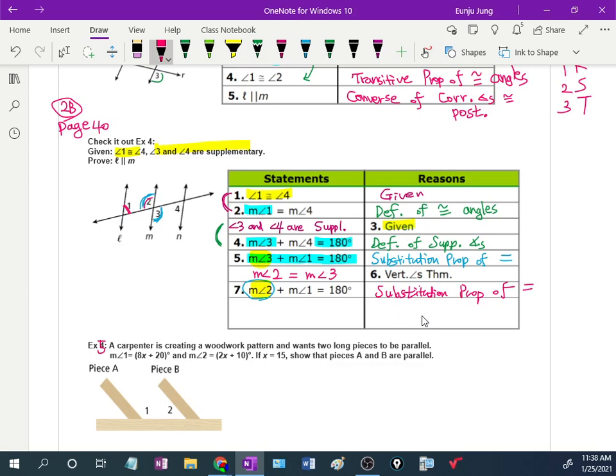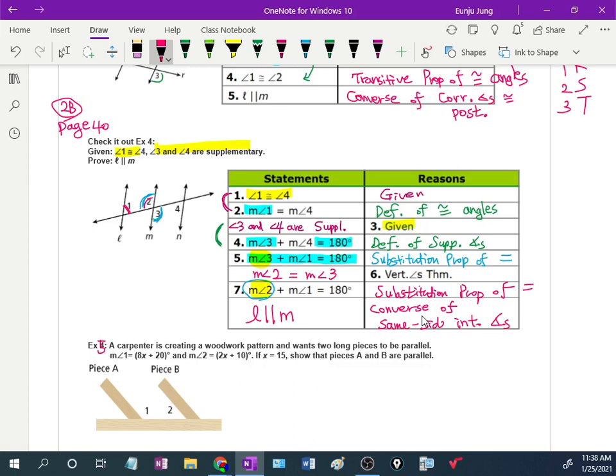They are supplementary, right? So I need to say two lines are parallel, so I have to start with the converse. Converse of what? Let's read the name. Same side interior angles. Are they congruent or not?